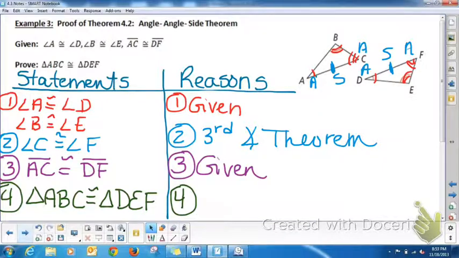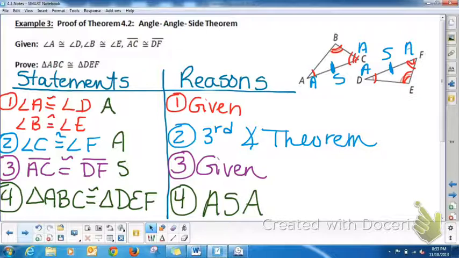So a theorem is something you can easily prove because every single time I am given two angles and a non-included side, I could prove the third angle using the third angle theorem. We don't need to do it every single time. So because we can prove it this once, that I have angle, side, angle, I could prove it every time.